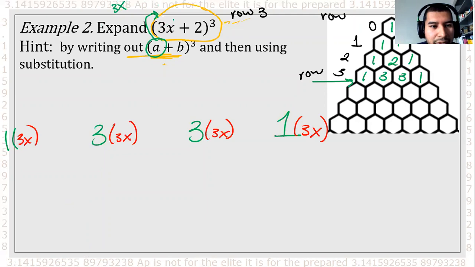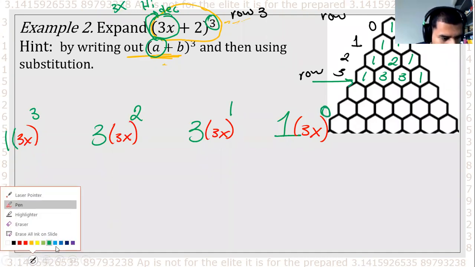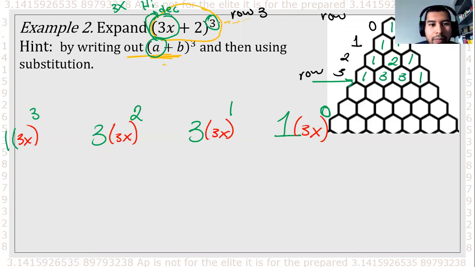This A term starts with its highest and then decreases. So the highest exponent should be 3. Then it decreases, so exponent 2, exponent 1, and exponent 0. My term B will start with its lowest and it will increase. So it's going to be a 2, and the lowest exponent I have is 0.